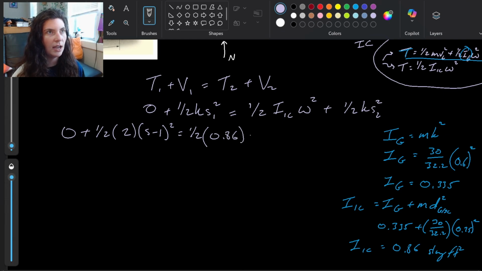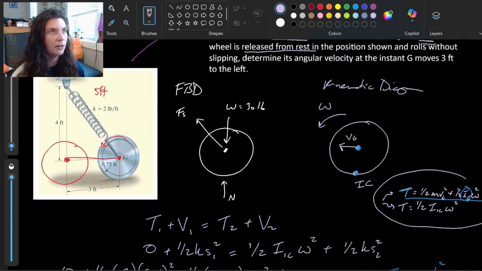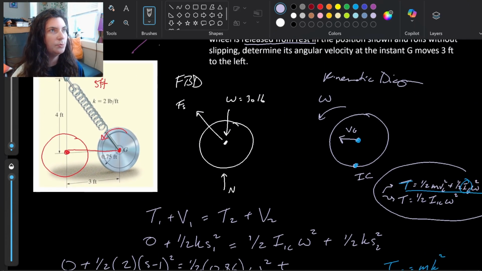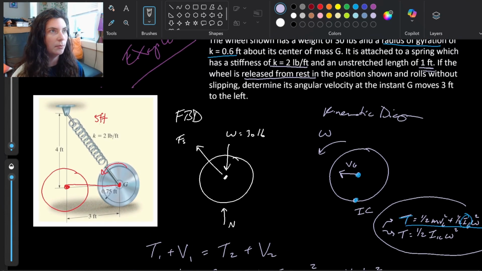I'm going to pop this in here for IC: 0.86 times omega, that's what I'm looking for. I'll keep it in there as omega squared. And then finally, we're going to have the final potential energy of that spring. When our spring is in the final position, this disk is right here, right?